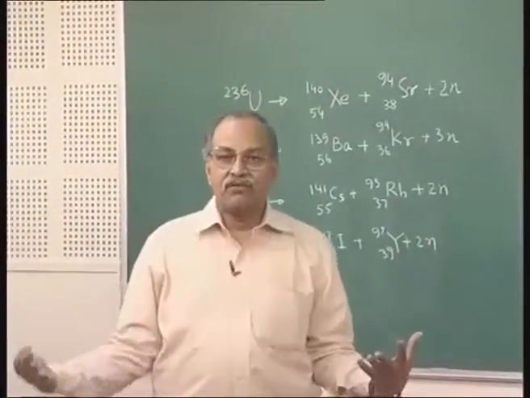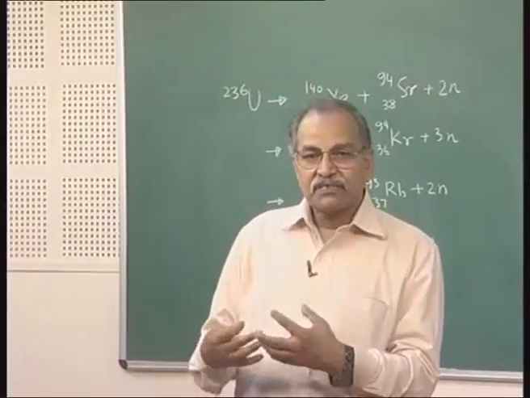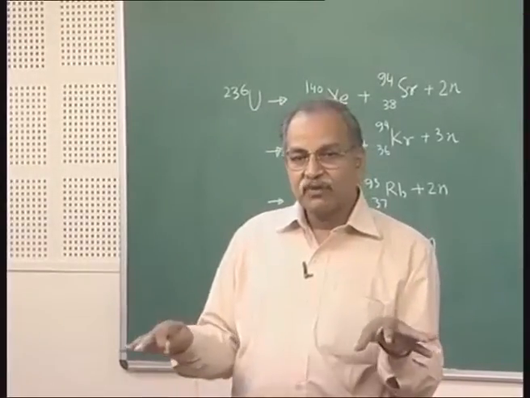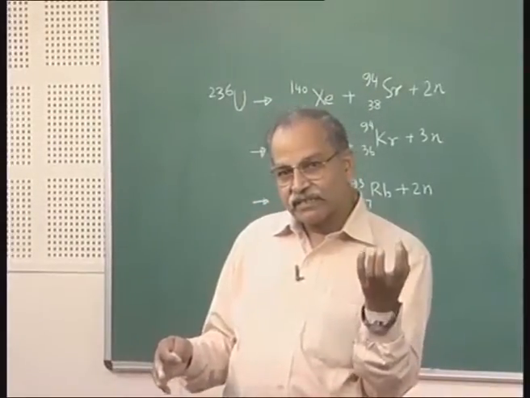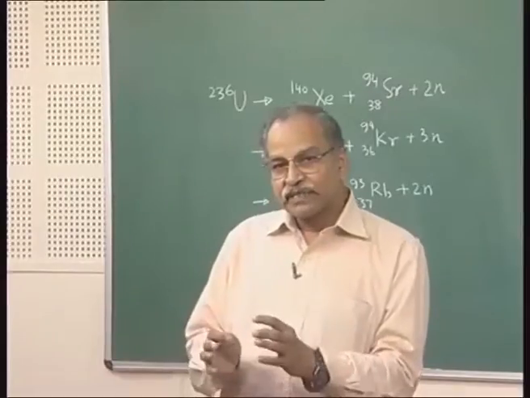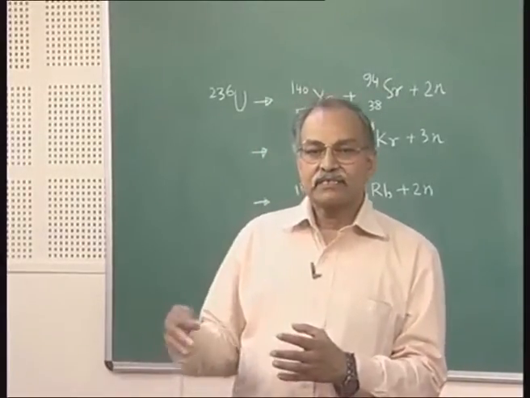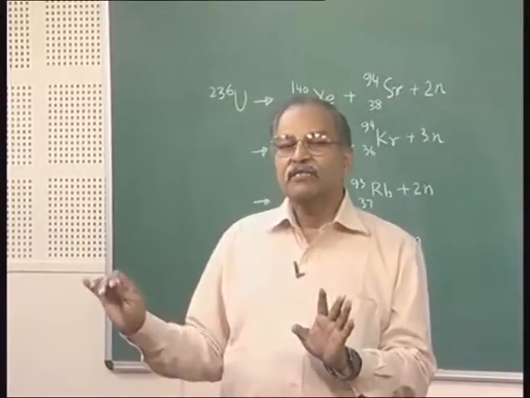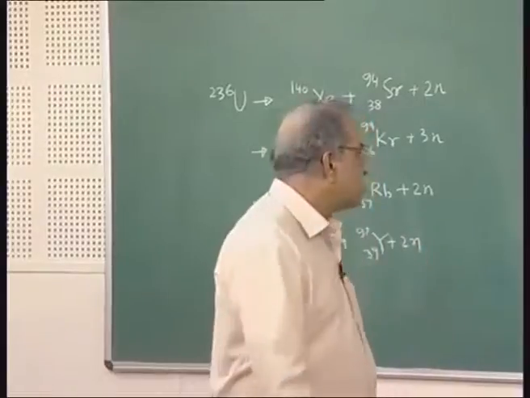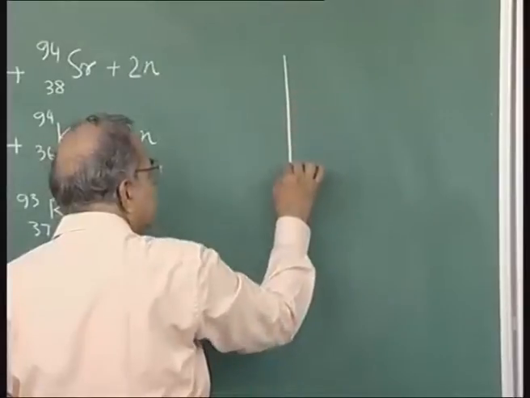So, if one looks at the mass numbers A of these products and what is the abundance in that reaction product, what percentage of the reaction product is strontium, how much is iodine, and so on, that plot can be made. And it turns out that this is a very asymmetric plot.